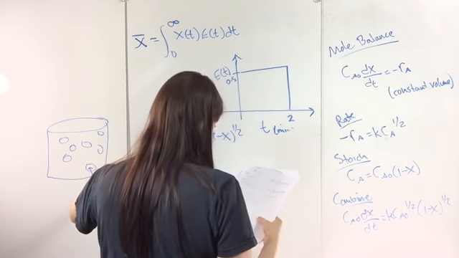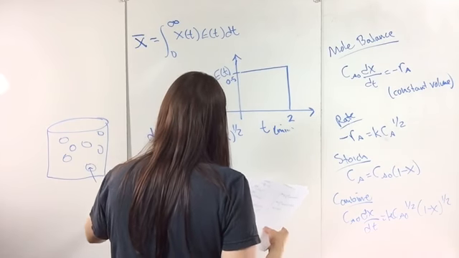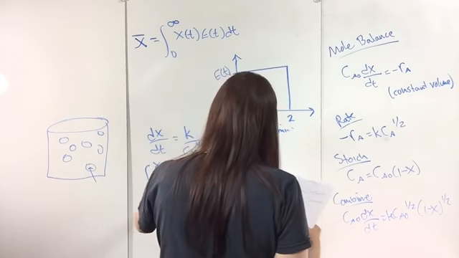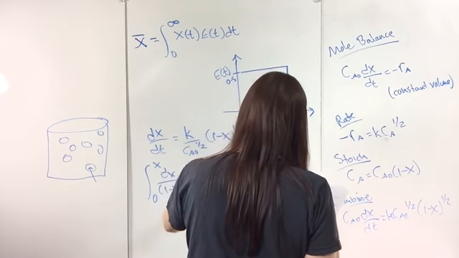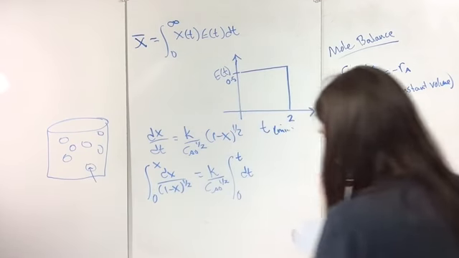So then I want to separate and integrate, so I have 0 to x dx over 1 minus x to the 1/2 equals k Ca naught to the 1/2, 0 to t dt.